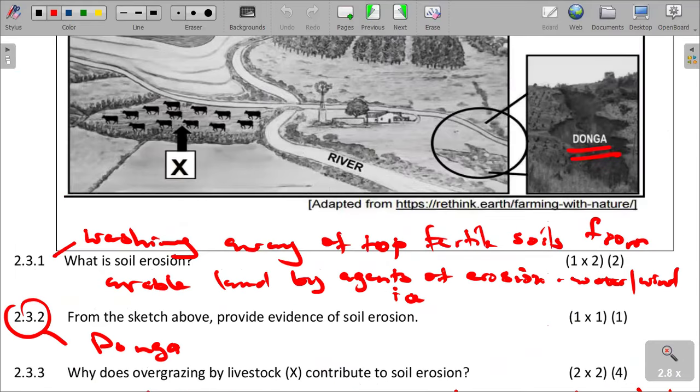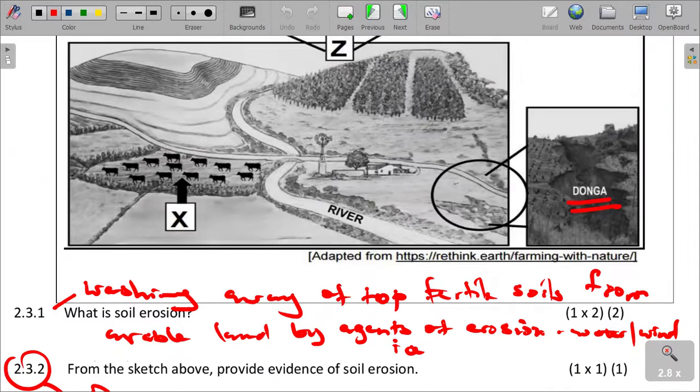The management strategy is the paddocking of animals. Animals are now paddocked. Animals are now controlled.